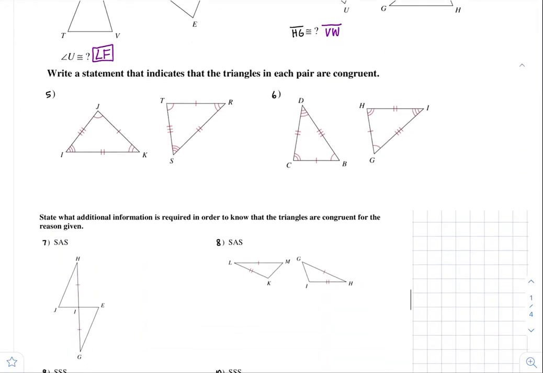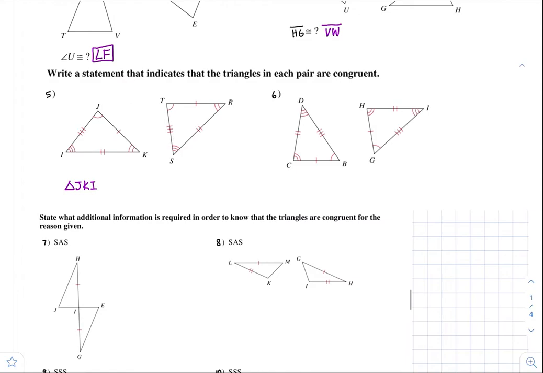Now for number 5 and 6, write a statement that indicates that the triangles in each pair are congruent. So this is just practicing making a triangle congruency statement. You could do any order you like, but I'm gonna do triangle JKI.